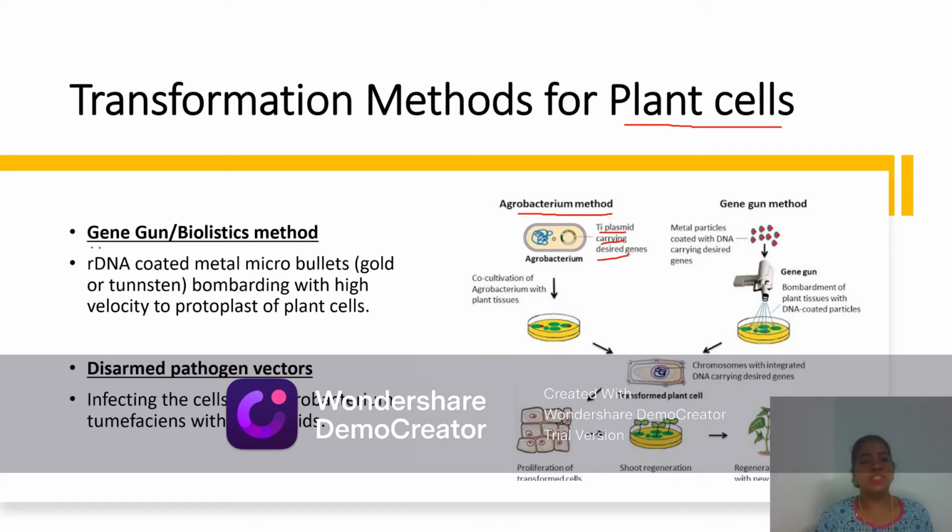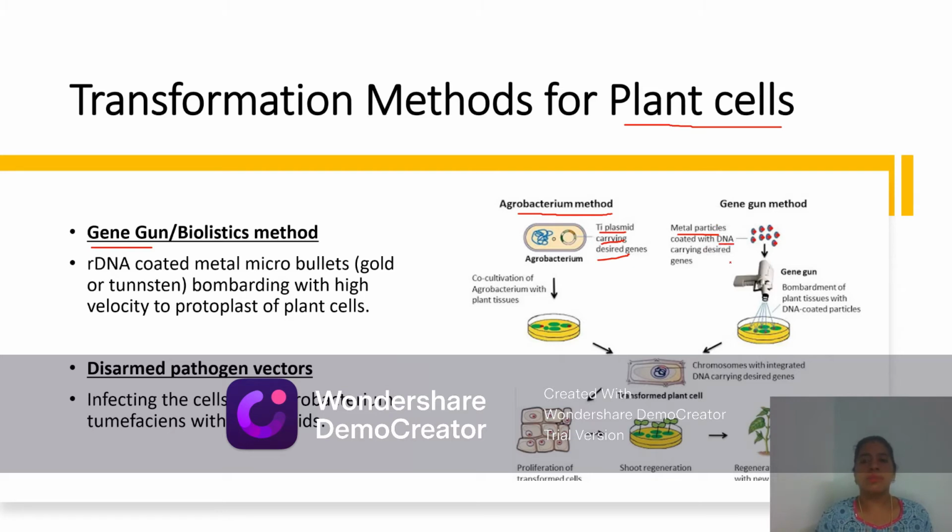Other than that, there is the gene gun or biolistic method. What is a gene gun or biolistic method? The gene gun is a gun-like structure. Here, instead of the normal bullet, metal particles made of gold or tungsten will be coated with the DNA you wanted to transfer. It is a direct transfer method.